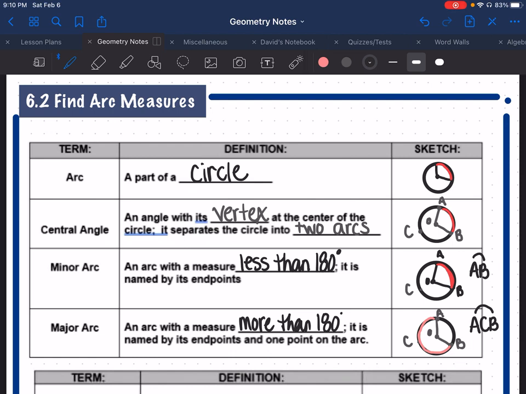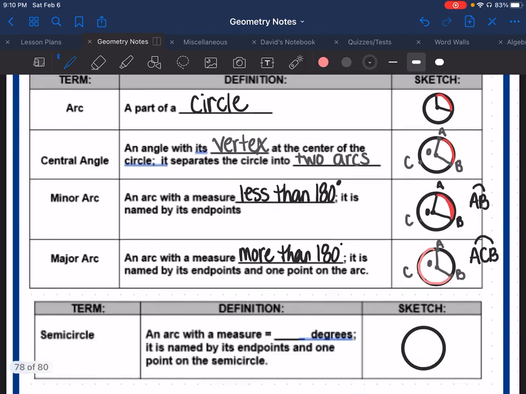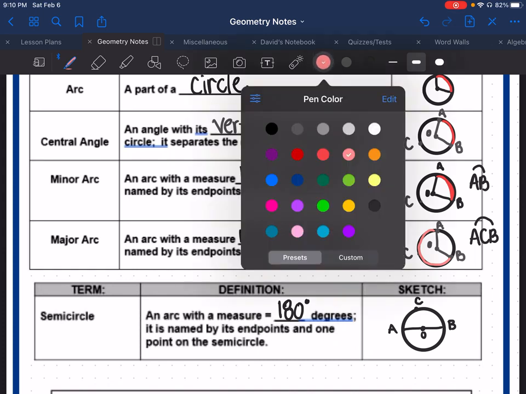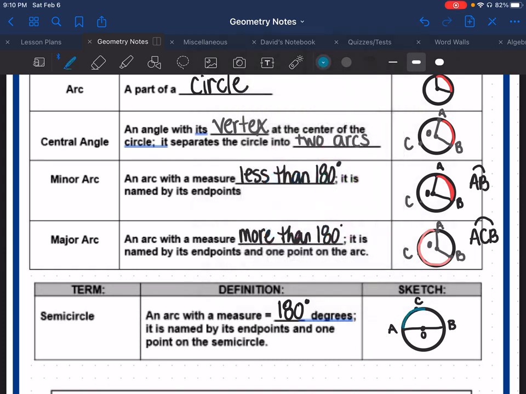All right, we've got one last term to talk about, and that is a semicircle. A semicircle is an arc whose measure equals exactly 180 degrees. It is named by its endpoints and one other point on the semicircle. To find a semicircle, you need to find the diameter, and this would be my points, and then C would move right here, and my semicircle, let's change it to this color, would be right here.